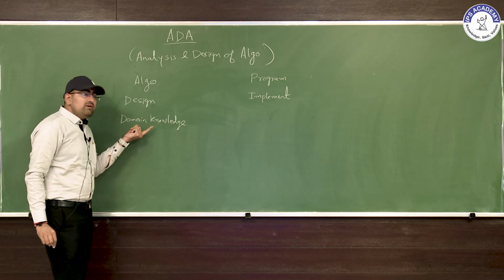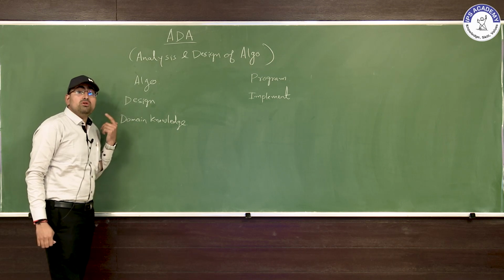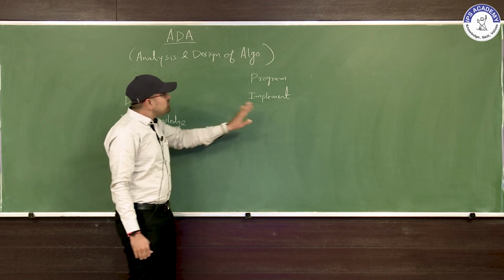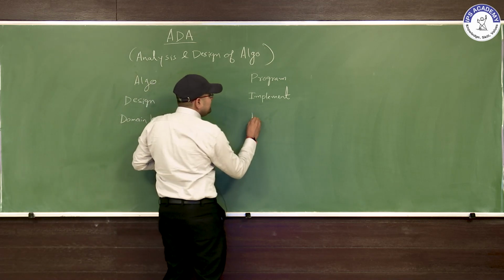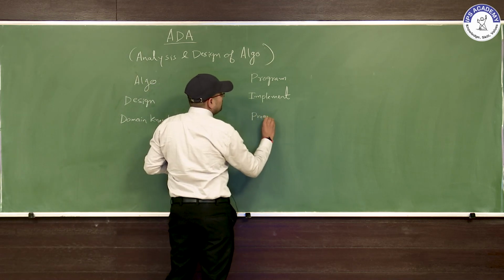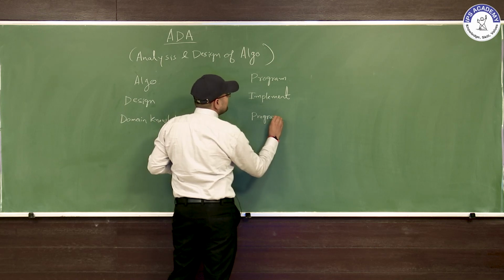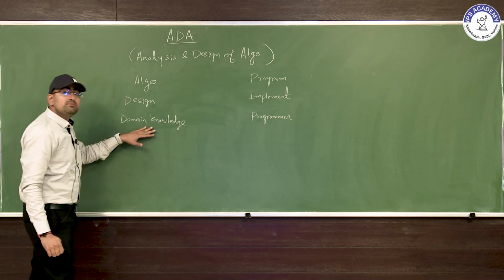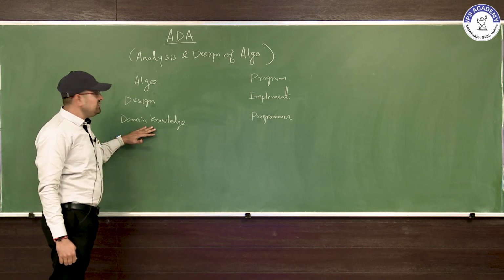So whoever is writing an algorithm must have knowledge of the domain, and he can write the algorithm, right? As far as program is concerned, we need programming knowledge. So who writes a program? A programmer writes a program. And a domain expert designs an algorithm, right?